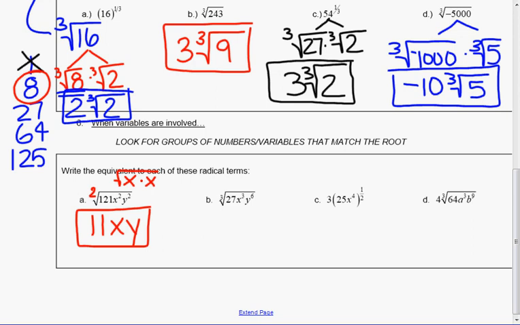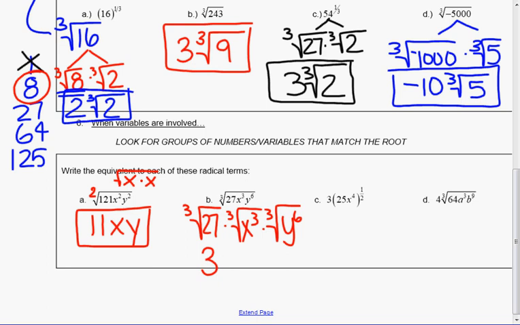Let's try a cubed root one together, letter B. What's the cubed root? You can think of it like this. The cubed root of 27 times the cube root of x to the third times the cube root of y to the 6th. So you can look at them separately and then just put your answers all together. The cubed root of 27, you get 3.